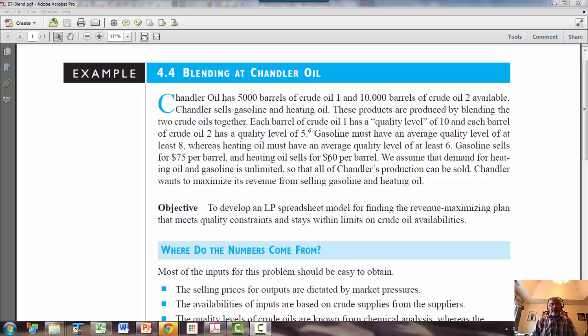And these are the dollar amounts at which the two products, gasoline and heating oil, will be sold. We want to determine how to mix these two crude oils and how many units we need to produce of the two end products such that the profit is maximized and we stay within these barrel limitations. So let's jump into the Excel file.